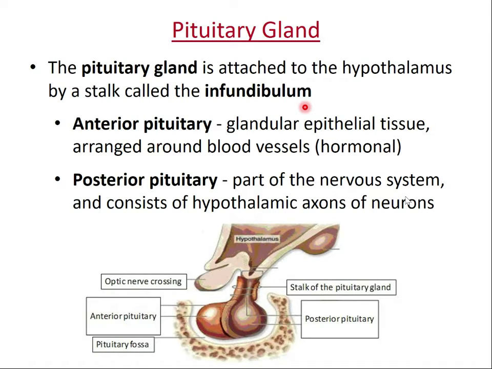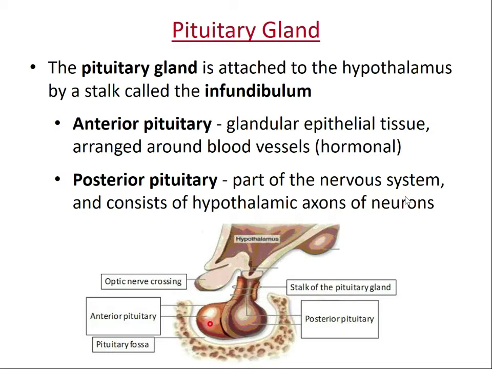So the pituitary gland has 2 components, an anterior component and a posterior component. The posterior component is the one that's attached to the hypothalamus by the infundibulum, and it's part of the nervous system and consists of hypothalamic axons of neurons. So there are nerve signals that come to the posterior pituitary and control the release of its hormones.